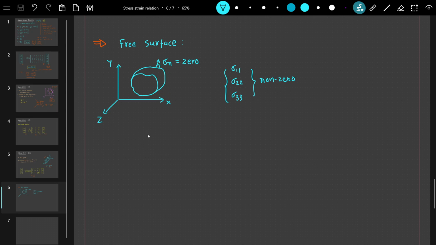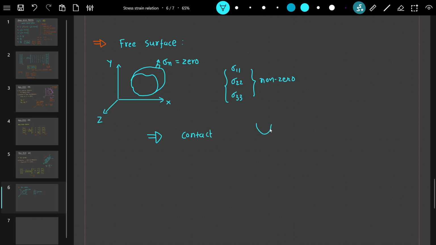Now there are cases where the stresses normal to the surface are not zero. It is not called a free surface then. For example, contact.